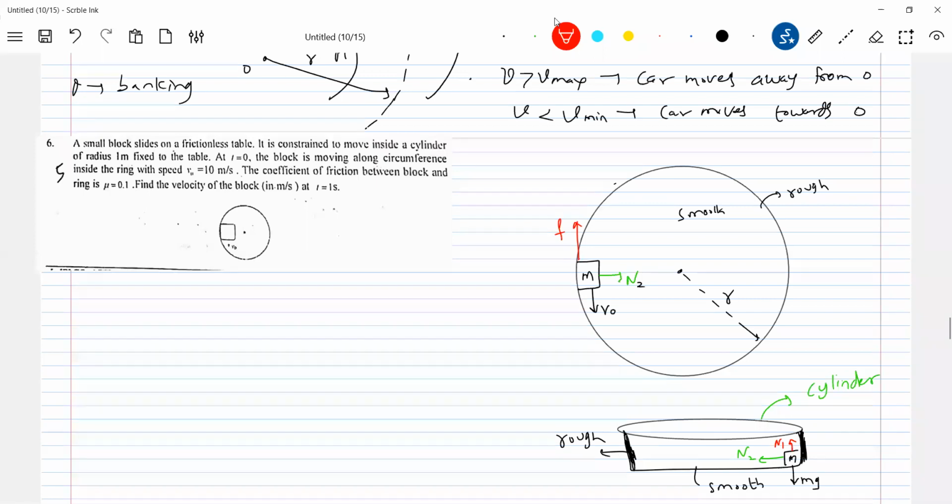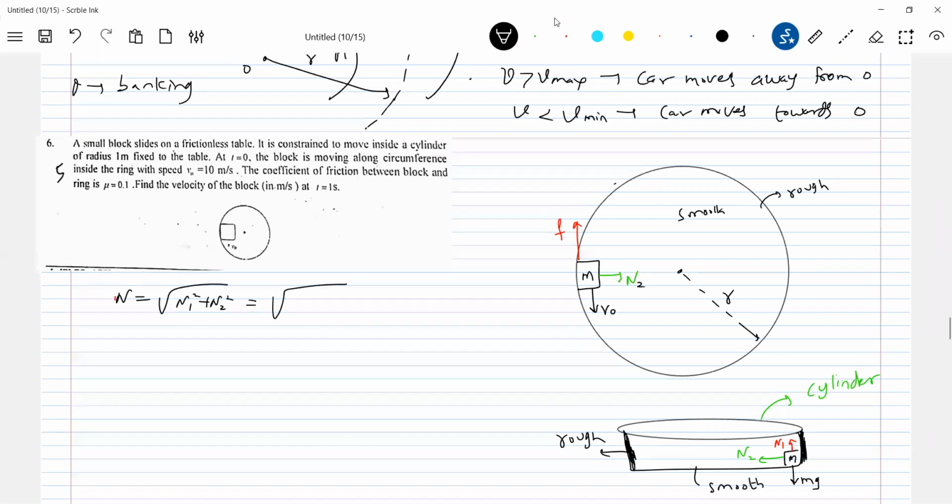Now what should I write? F = mu (N1 + N2) also, root of that one. What is the resultant normal contact? Root of N1 square plus N2 square. So what friction should I take here? No. What is the resultant normal contact? I'm just confusing you. The resultant normal contact is root of N1 square plus N2 square.